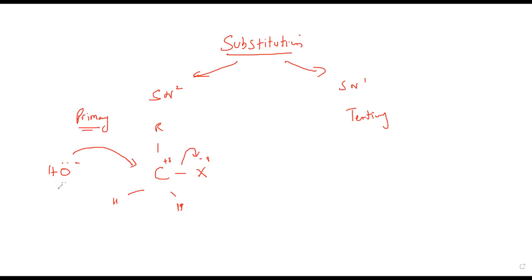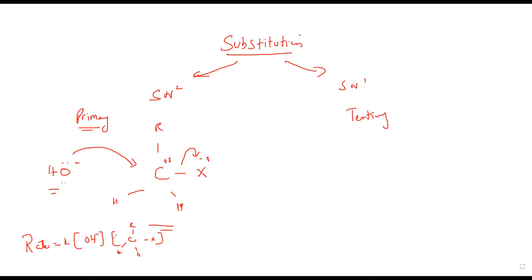Because the reaction depends on the presence of both OH and the presence of halogen alkane. So when we write the rate expression for an SN2 reaction, the rate will be equal to K times the concentration of nucleophile as well as the concentration of halogen alkane, which in this example is R, H, H and X. Is this concept clear, that the rate expression for the primary depends on the presence of both molecules?